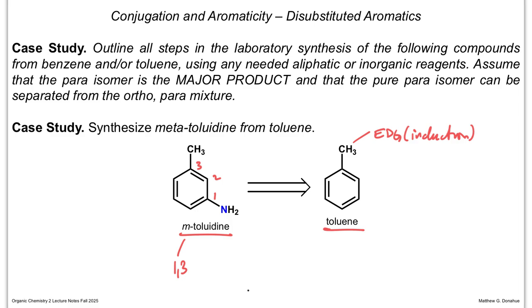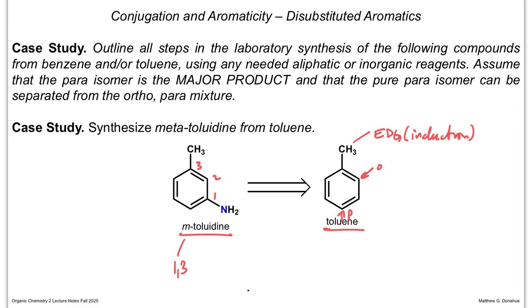So by definition, an electron donating group is an ortho-para director, and we need a meta relationship in the target molecule. So really what we have to do is figure out a way of blocking the 4 position, the para position, and then doing some stuff that will direct into that meta relationship.